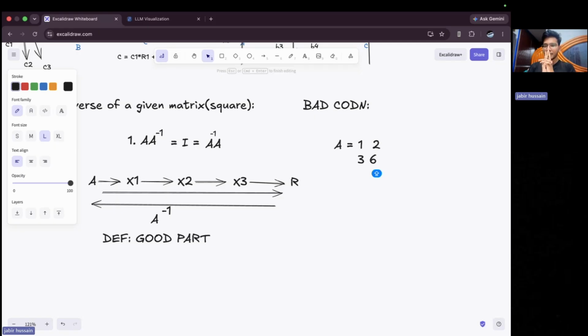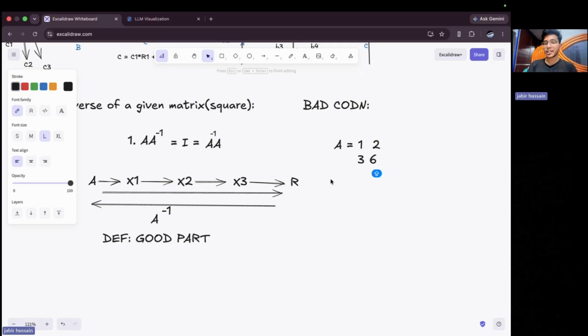Okay, and right now my question is, did we study determinant? We did not study determinant, right? So if you don't know the concept of determinant, how can you tell that the given matrix is invertible or not?